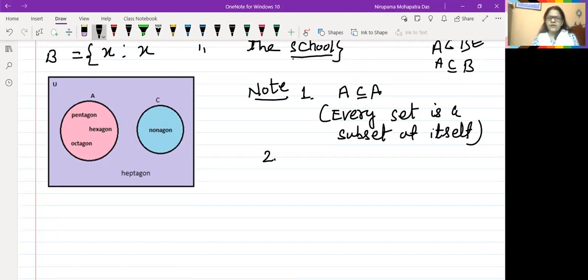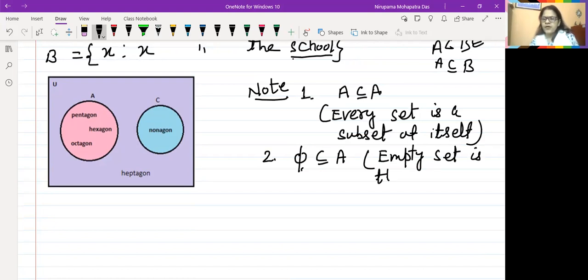Second thing is, by default, we take phi is a subset of every set. Or you can write empty set is a subset of every set.